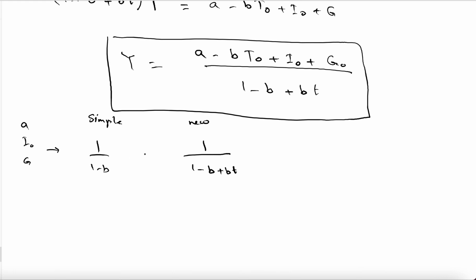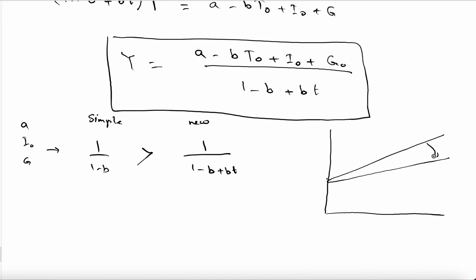And this is smaller than the simple model's. If you check the model, the line is going to pivot because the slope of the equation is going to change. So if we were here, now we are going to have equilibrium here. This has been shown in the appendix, and you should be able to see it.